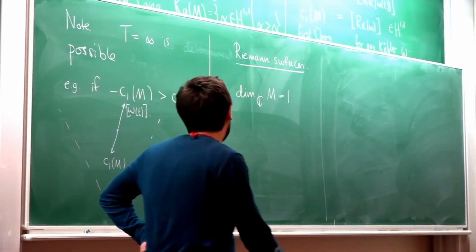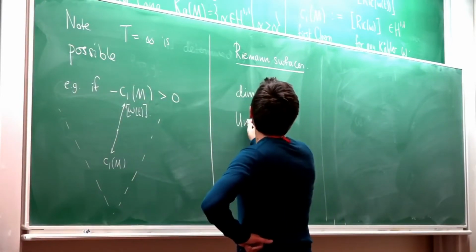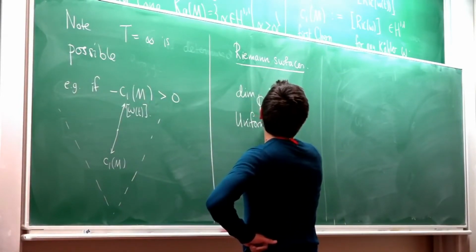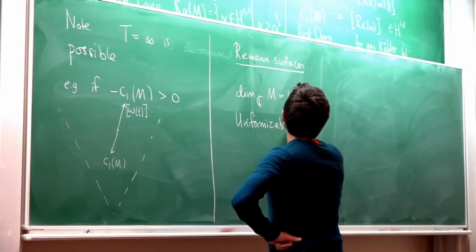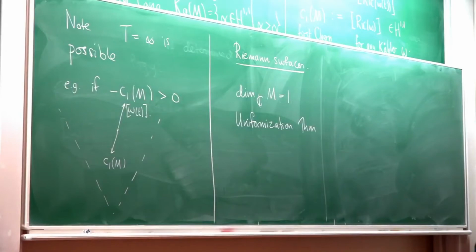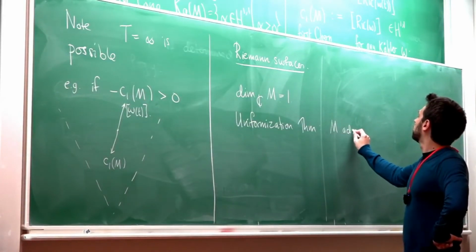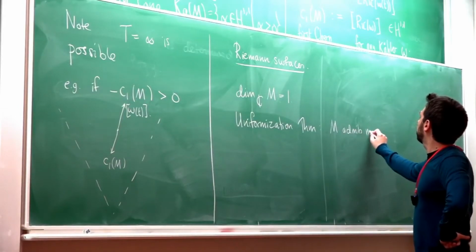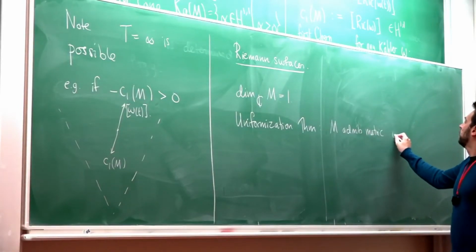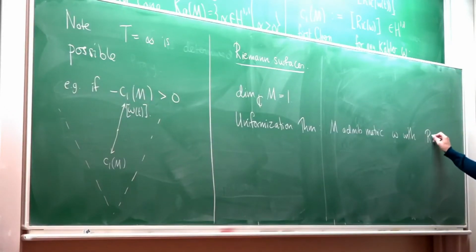So in this case, we know by the uniformization theorem that every such manifold admits a metric of constant curvature. So M admits a metric omega with constant curvature, which is the same thing as, in one dimension, all the curvatures are basically the same.